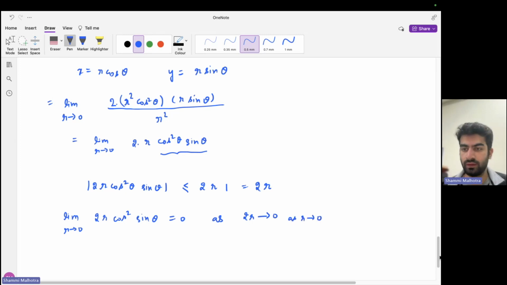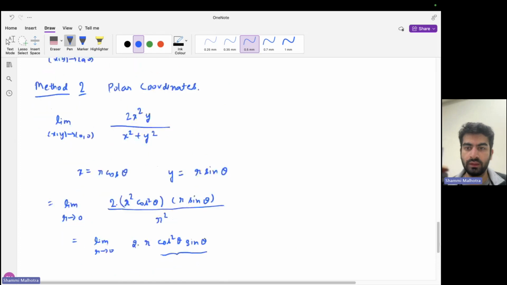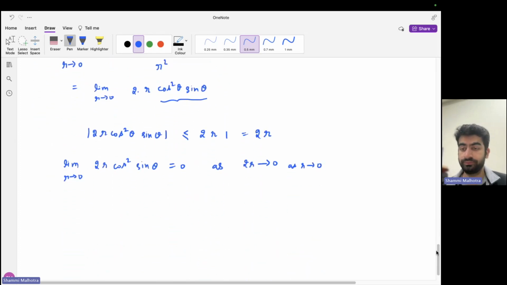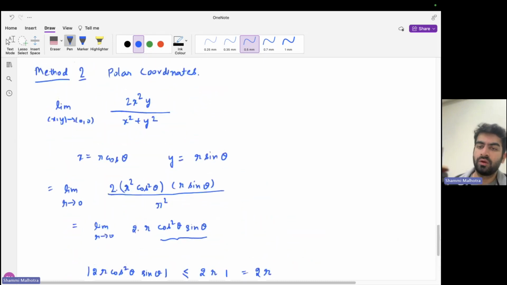And we can easily compute the limit by just substituting the polar coordinates and directly evaluating the limit. So this is a much easier method in most cases. One rule of thumb is, whenever you see x square plus y square sort of terms, or when there's a high degree in the numerator, try to approach through polar coordinates.